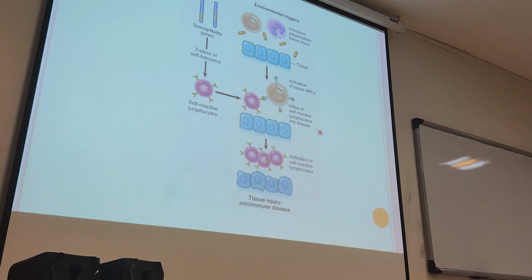So, as you see here, for autoimmune disorders, we have genetic susceptibility, and also we have environmental factors. Environmental factors may be tissue injury or infections.